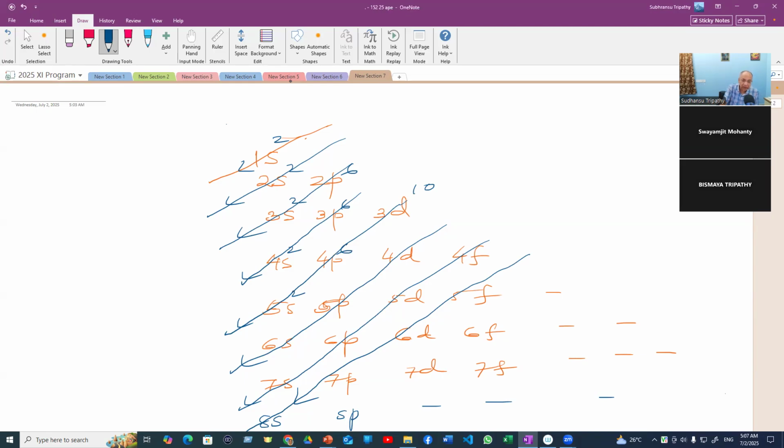Then after 5s, after every p comes the s of the higher shell. That starts from 3p. Then after the s comes d. That is for only the fifth shell, but not for the sixth shell. 4d10, 5p6, 6s2.